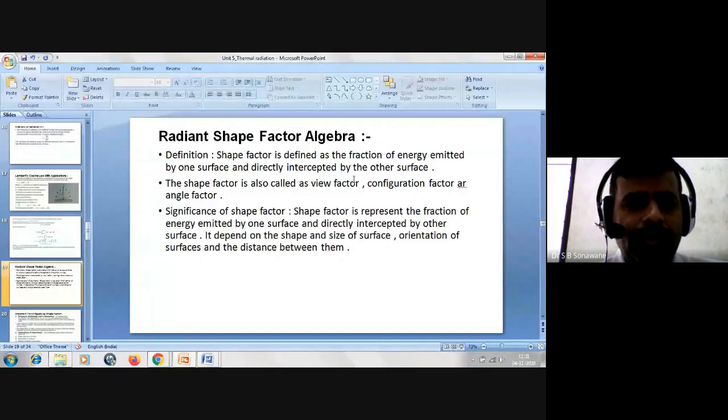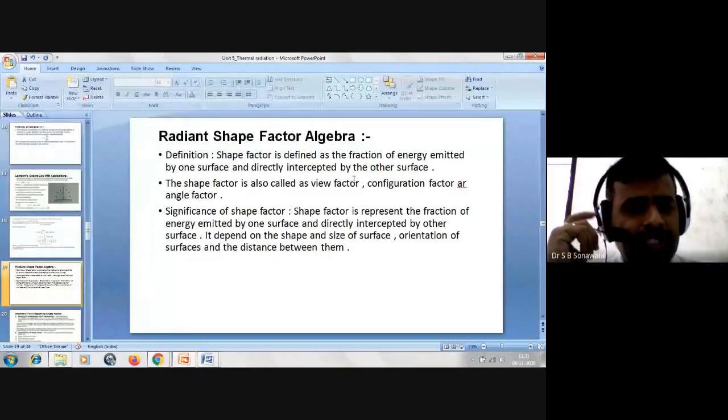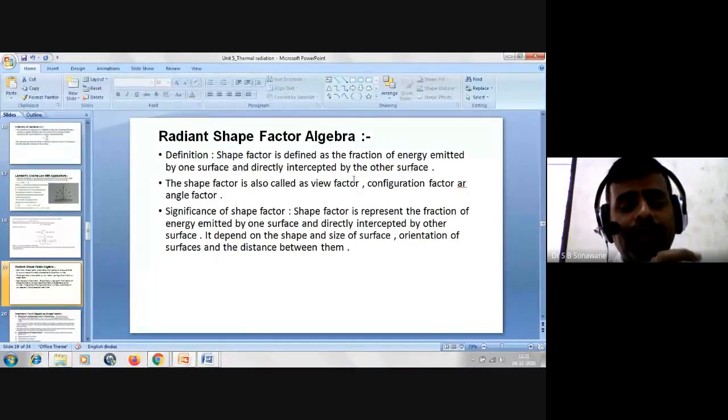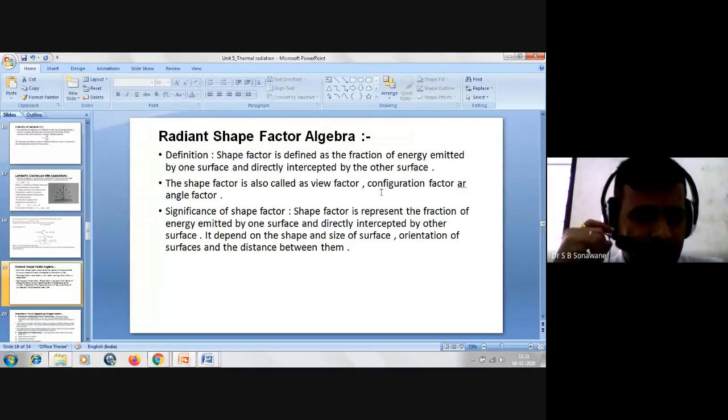Since the shape factor depends on the angle, and on the plane in which you have placed the surfaces, what is the configuration of the two surfaces. Okay, and as it depends on this view, configuration and the angle, it is also known as the view factor, configuration factor or angle factor.